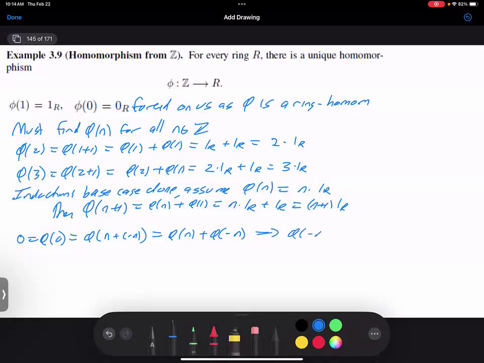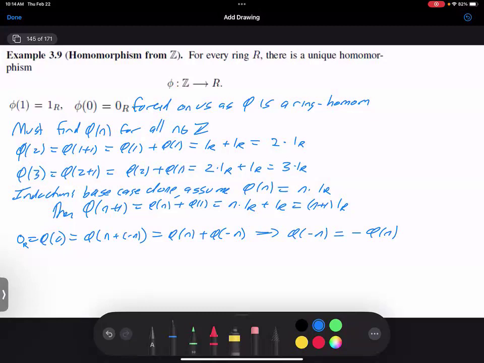Therefore, phi of minus n is negative phi of n. And we interpret this as phi of n plus phi of minus n is the additive identity 0. So that means phi of n is the additive inverse of phi of minus n. And that is how we can interpret what is going on here.